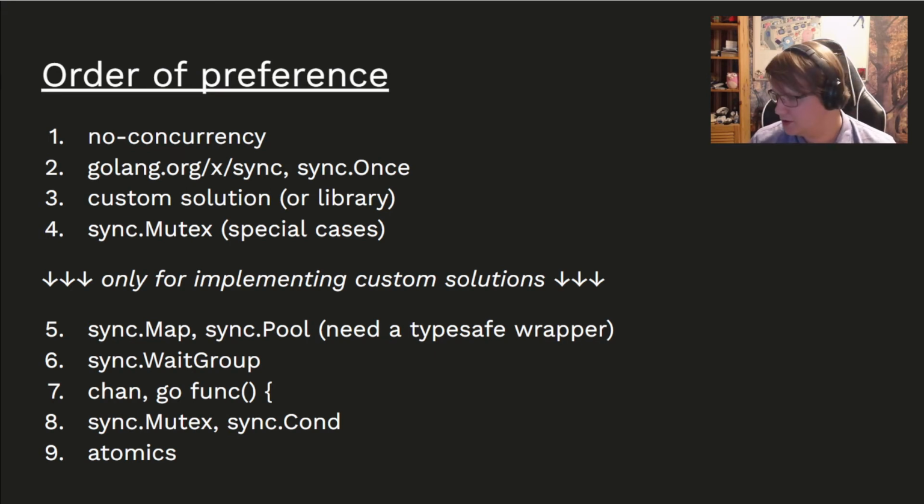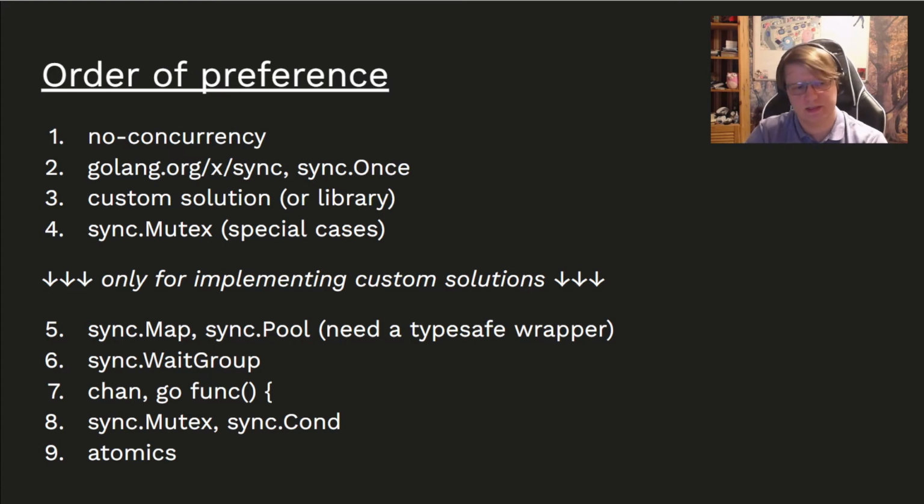Then if these don't fit, think of implementing your own custom solution or custom primitive, or searching for a library that has them. And then finally, sync.Mutex, which is for special cases, which I'll cover later. There are a few cases where sync.Mutex is a pretty nice option.